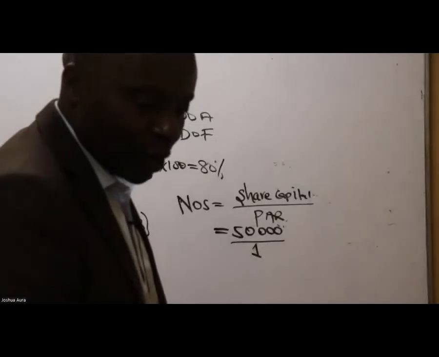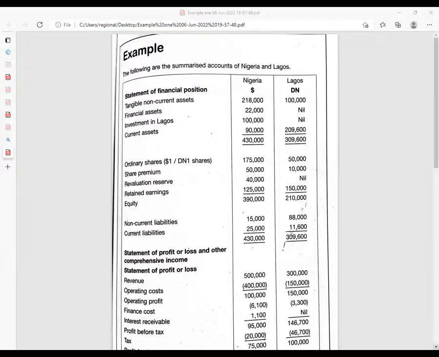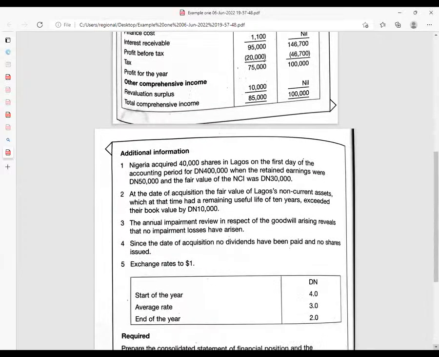We are told Nigeria acquired 40,000 shares in Lagos on the first day of the accounting period. Oh, beginning of the year. There is nothing really here to count in terms of days, so we acquired these shares on the first day of the accounting period.